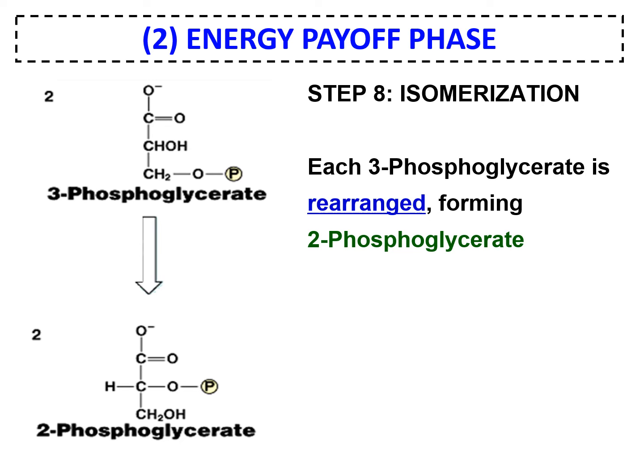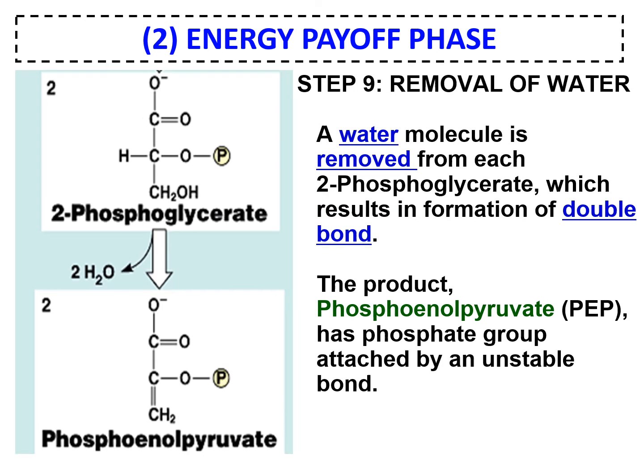During step 8, isomerization, the 3-phosphoglycerate is isomerized or rearranged, forming 2-phosphoglycerate. And step 9 involves removal of water from 2-phosphoglycerate, which produces a double bond and produces phosphoenol pyruvate.